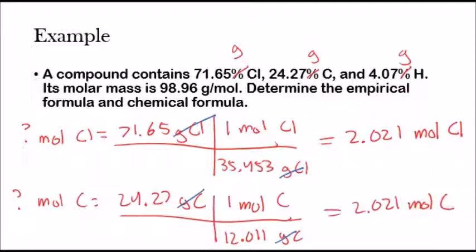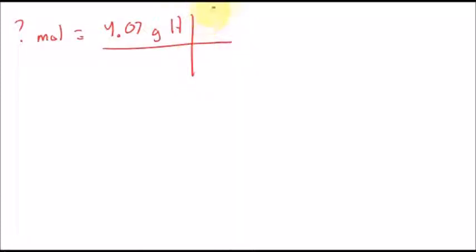And for the last element, let's convert grams of hydrogen to moles of hydrogen. How many moles of hydrogen is 4.07 grams of hydrogen? If you look at the periodic table, the average atomic mass of hydrogen is 1.008, so therefore 1 mole of hydrogen is going to have a mass of 1.008 grams.